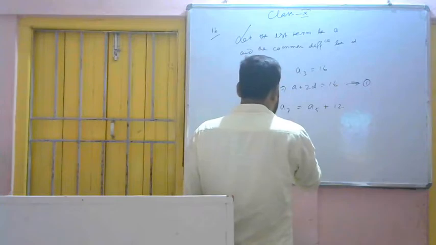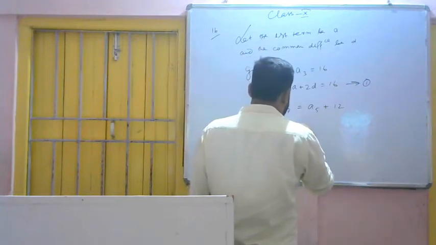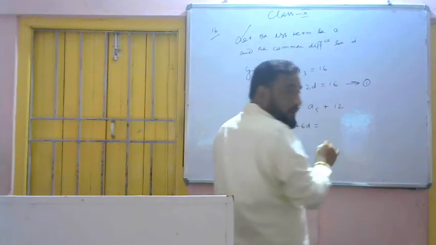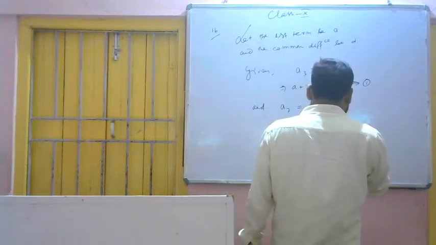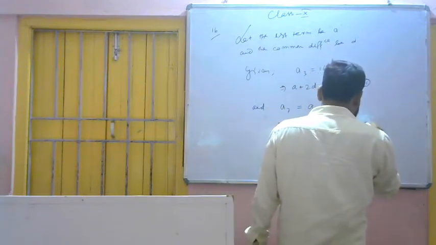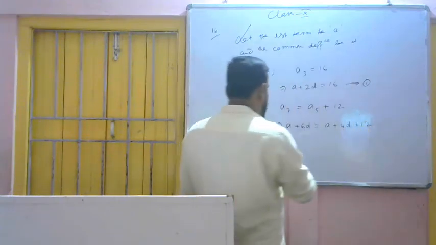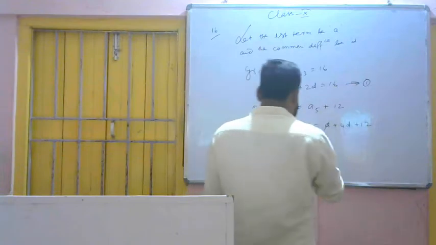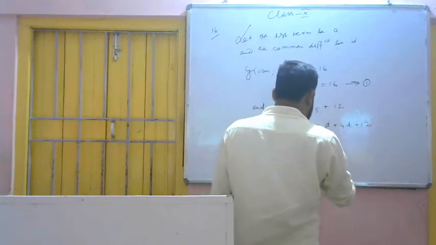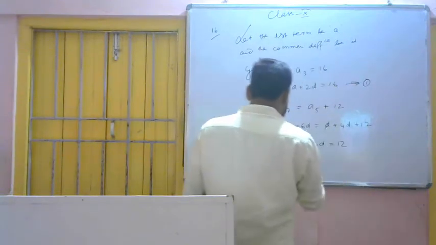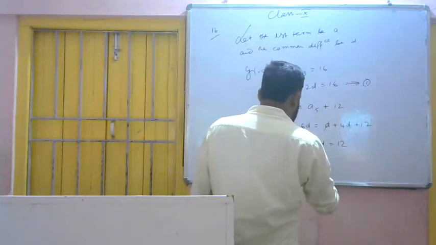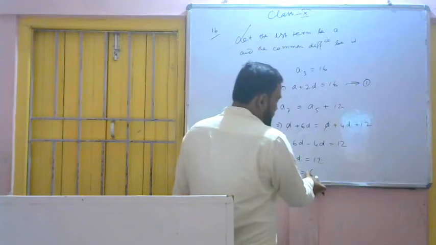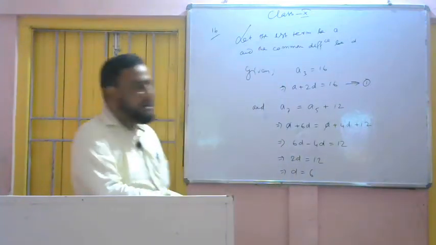Implies A plus 16D is equal to A plus 4D plus 12, implies the A's get cancelled, then 16D minus 4D is equal to 12, implies 12D is equal to 12, implies D is equal to 1. You got the value of D.